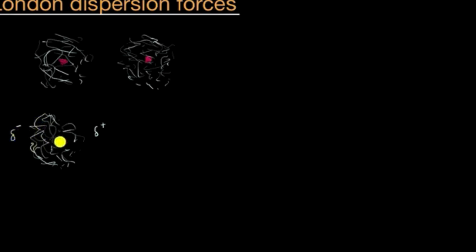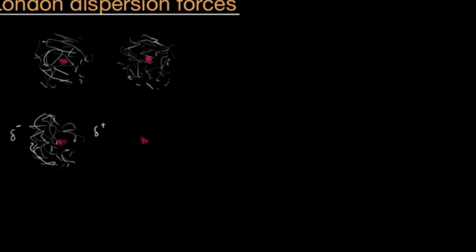Now, what might this induce in the neighboring atom? Think about that. Pause the video. Well, we know that like charges repel each other and opposite charges attract each other. So if we have a partial positive charge out here on the right side of this left atom, then the negative electrons in this right atom might be attracted to it.